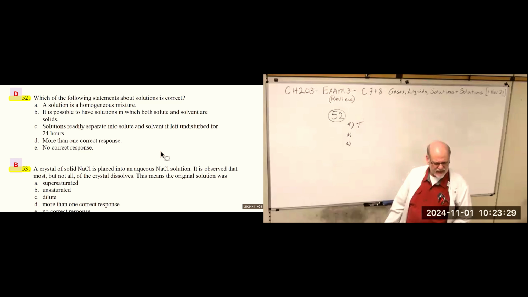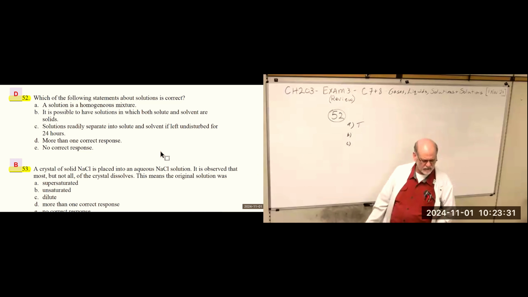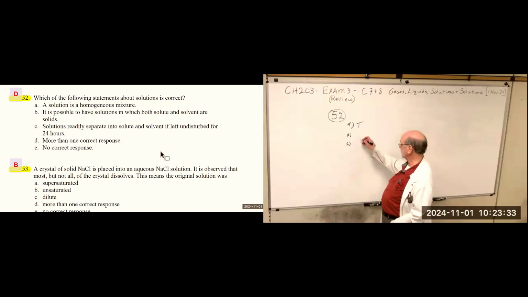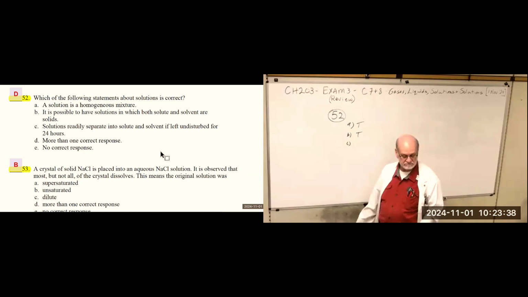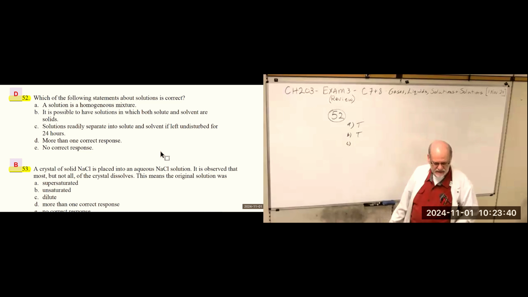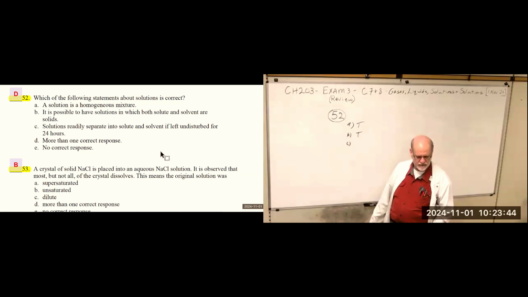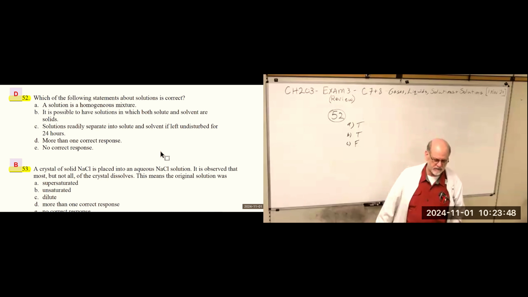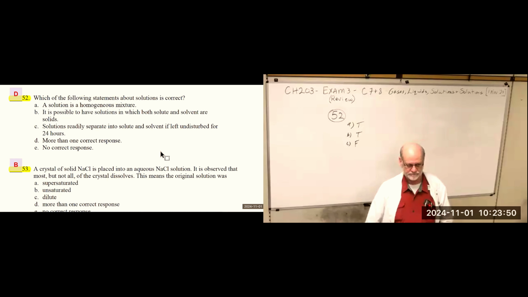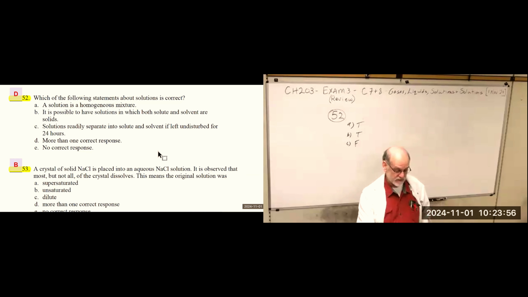B, it is possible to have solutions in which both solute and solvent are solids. Yeah, that's true, like brass or any alloy. C, solutions readily separate into solute and solvent if left undisturbed. Nope. That's characteristic of solutions, is they do not separate under any circumstances. All right, so D is the answer. We did have two correct ones.